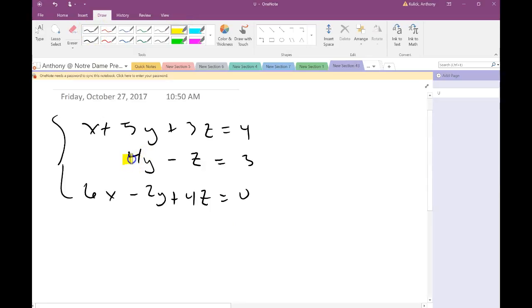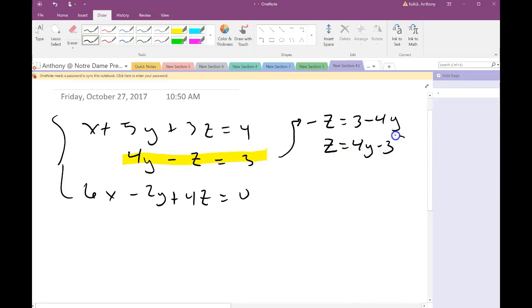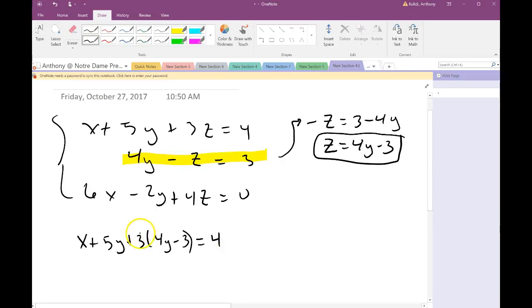So this equation is the one that I'm going to eliminate with. When I do that, I'm going to get the z by itself. There's my equation for z. When I plug that into the first equation, I get this, and I distribute the 3 through.